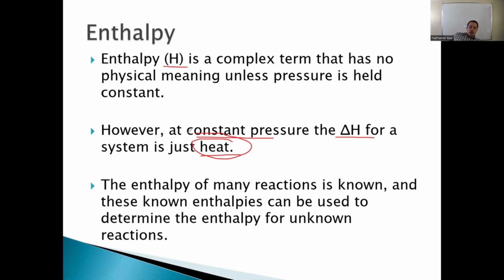Okay. If pressure is not held constant, then enthalpy, as far as I understand it, has no physical meaning. Now, if you are having trouble sleeping tonight, which after 3 hours of Chem 101 lecture is probably not going to be a problem, Google or Wikipedia enthalpy and start reading about it. You will be out by the second paragraph. I guarantee it.